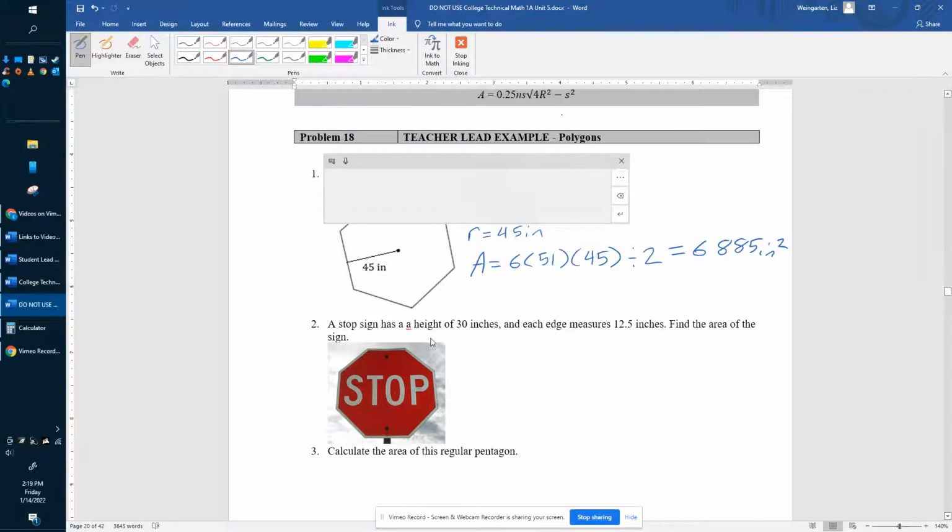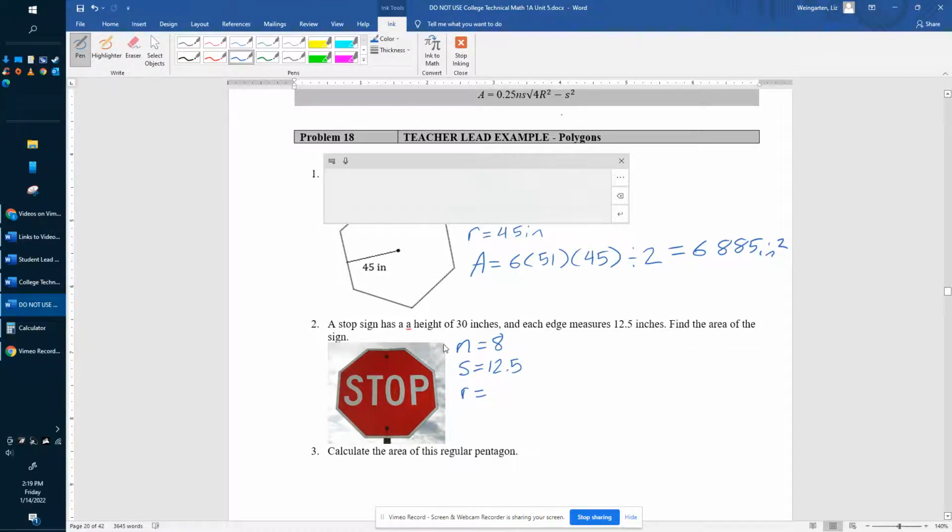A stop sign has a height of 30 inches and each edge measures 12.5 inches. Find the area of the sign. All right, well, a stop sign is an octagon, so it has 8 sides. Each side is 12.5 inches, but what's the radius?